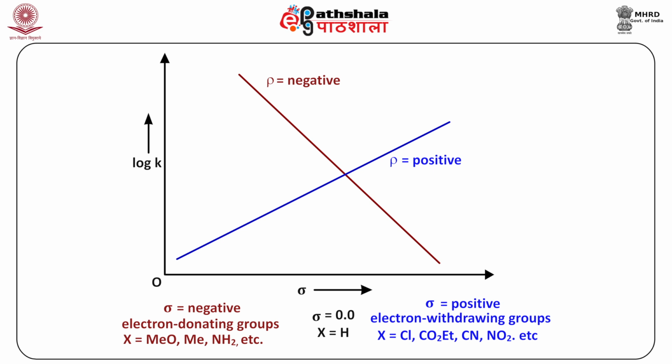That is, electron withdrawing groups decrease dissociation, and electron donating groups increase the dissociation. If the value of rho is very small, it indicates that the reaction may involve radical intermediate or transition states. If the slope of the line changes abruptly, it is an indication of a change in mechanism as the substituents also change.